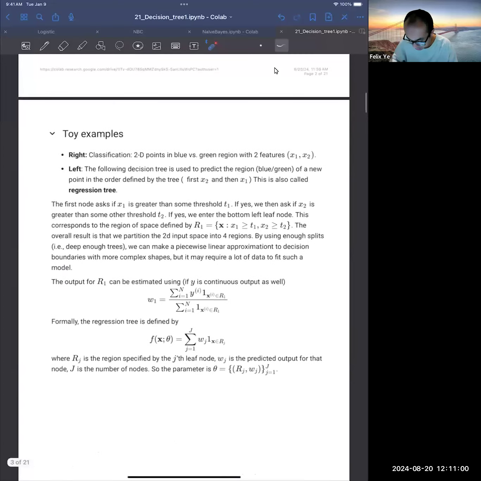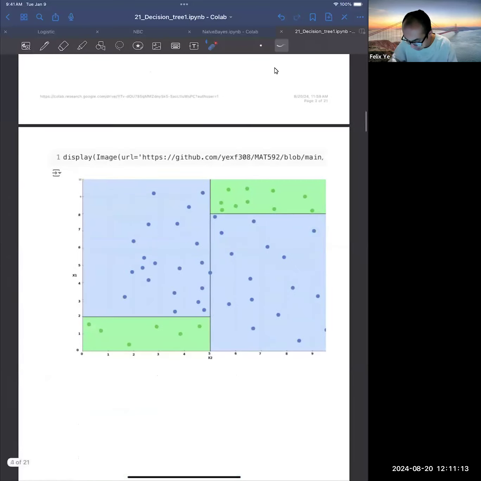So this is my decision boundary, and you can actually make piecewise linear approximations of decision boundaries if you have a more complicated shape. But with 2 layers of the decision tree, this is my decision boundary, which is basically a couple of rectangular boxes.